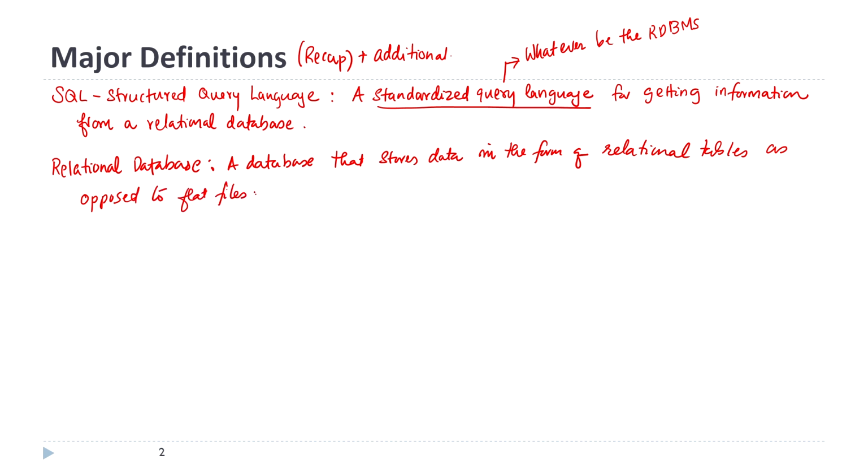So, it stores data in tables that are related to each other, or having data that are related to each other, as against flat files. We are not storing them as files. The last one we would like to talk about is the database management system, or DBMS, as we called it earlier.